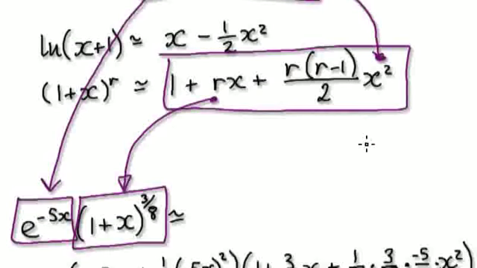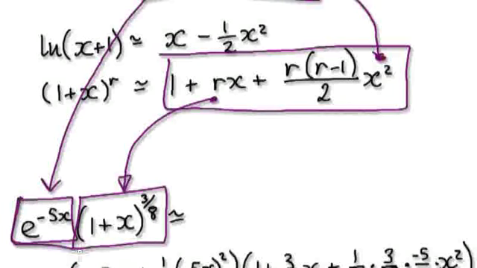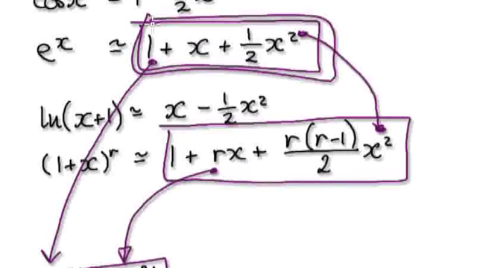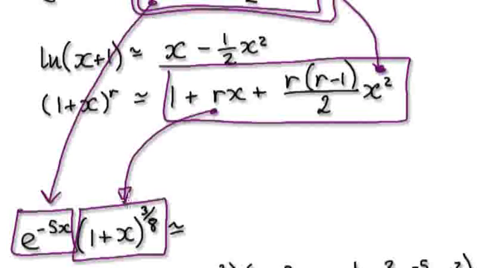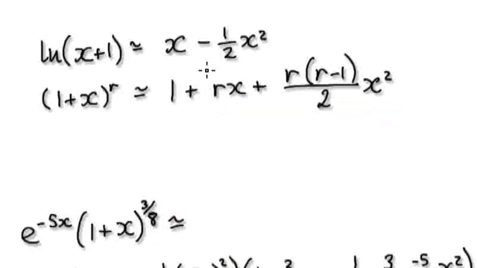So to really evaluate this, we are trying to approximate this. We visualize it as one block multiplying with another block, and for the first block we use this to represent it, and for the second block we would use this. Okay, so let's start now.